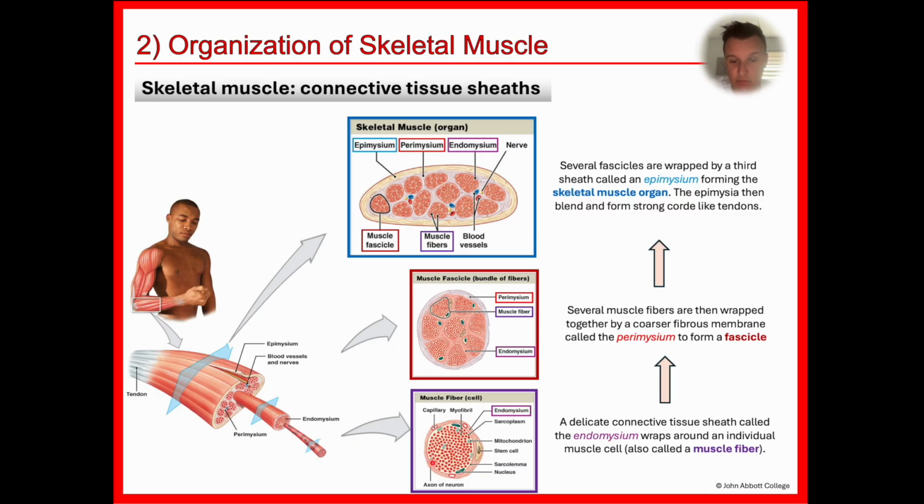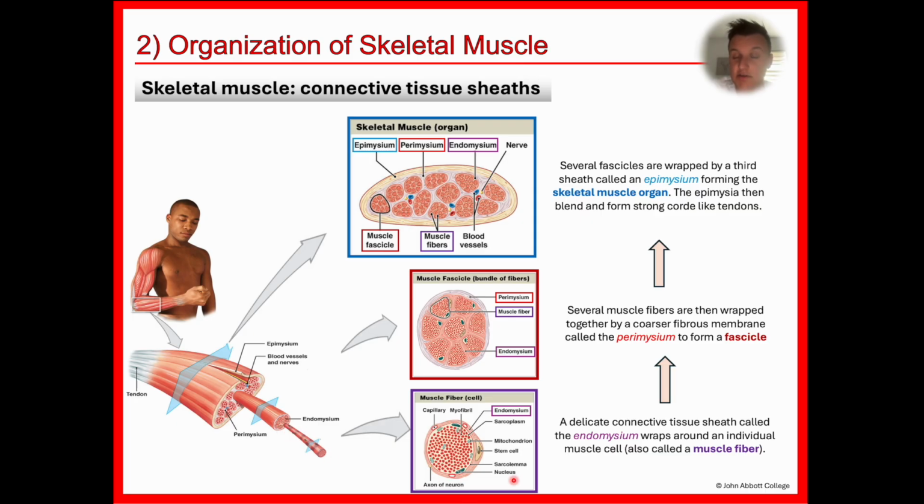Inside, you have the actual muscle fiber. You see organelles, right? You see some mitochondria inside. All of these myofibrils are organelles that are inside the cell. This is one cell. You see the nuclei over here. So this is one muscle cell, one muscle fiber.